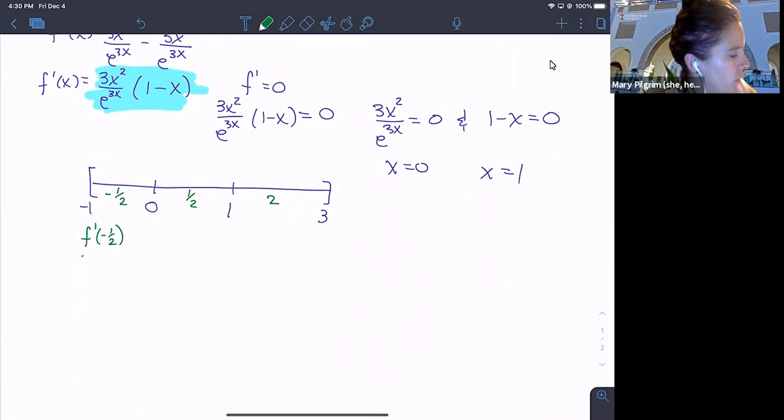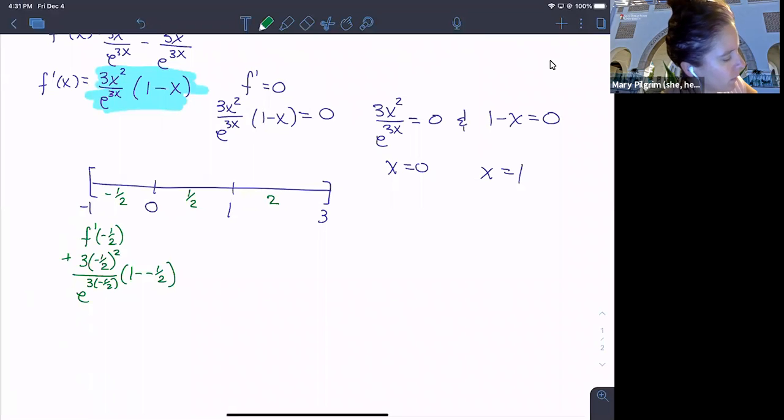And when I do that, I get 3 times -1/2 squared over e to the 3 times -1/2, and then times the quantity 1 minus -1/2. And notice here, -1/2 squared is going to be positive, so I'll have a positive in this numerator.